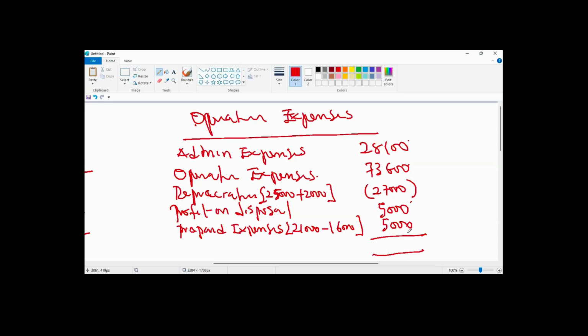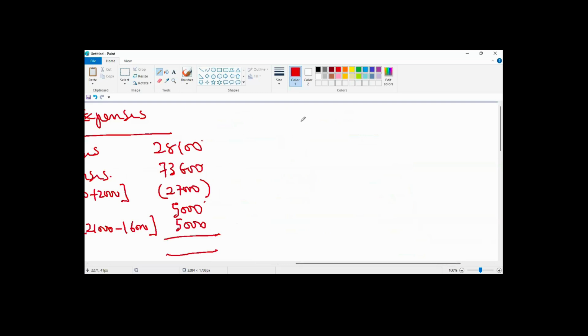It's fully depreciated. What is the question saying? The asset costs 15,000 and it has been fully depreciated.